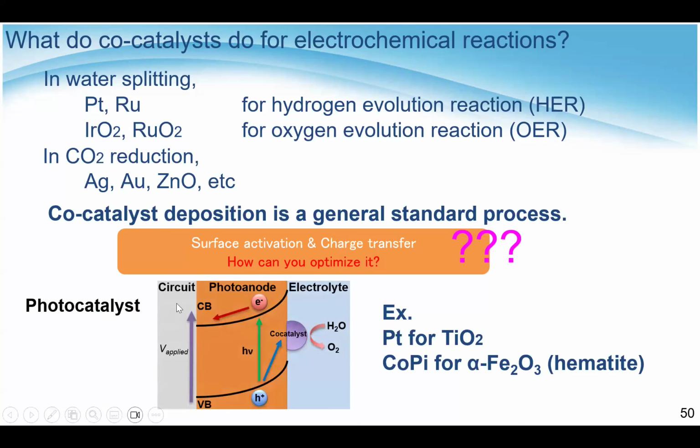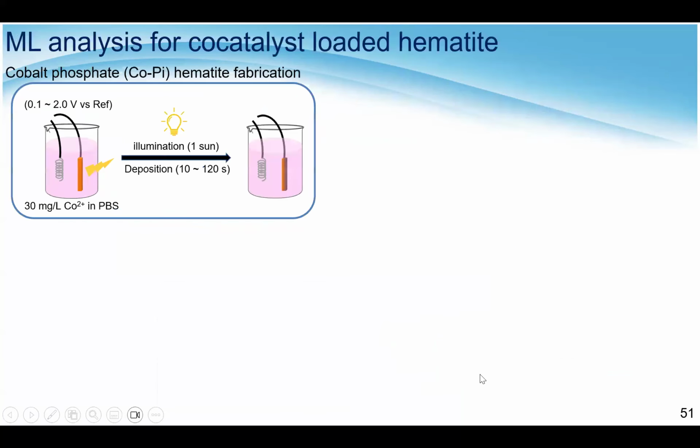So in photocatalysts, here platinum for TiO2 and copper for hematite are well-known co-catalysts believed to help the reaction efficiency. Here I will show you how to study the co-catalyst effect using this example. Here we use copper on hematite, which is deposited by the photodeposition technique.